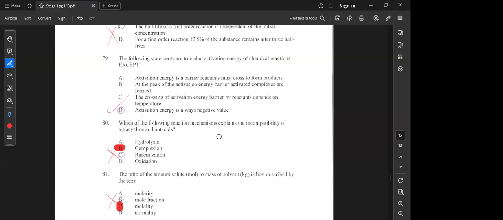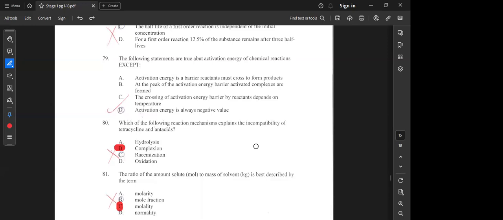The following statements are about activation energy of chemical reactions except: activation energy is a barrier reactants must cross to form products. At the peak of activation energy, various activated complexes are formed.